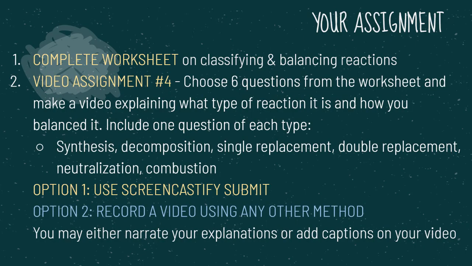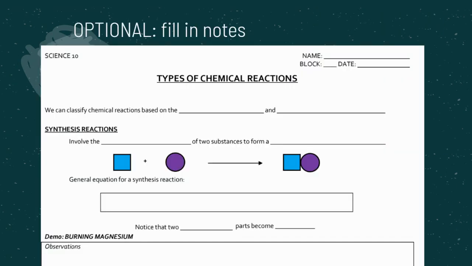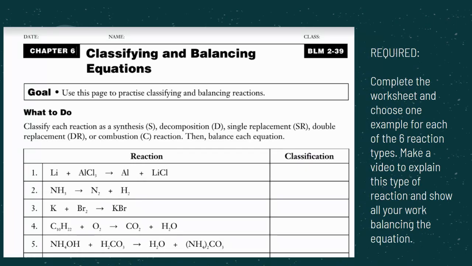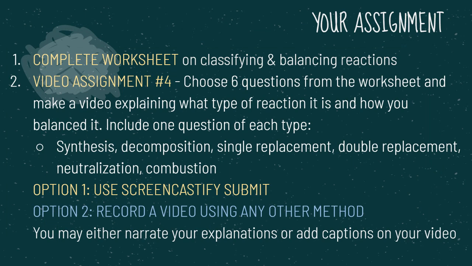I wanted to quickly talk about your assignment. For today, we're done with all our chemistry work for the term. I would like you to, first of all, complete the worksheet on classifying and balancing reactions. It looks like this. Second, you can start your last video assignment, number 4. For your last video assignment, you need to choose 6 questions from the worksheet.